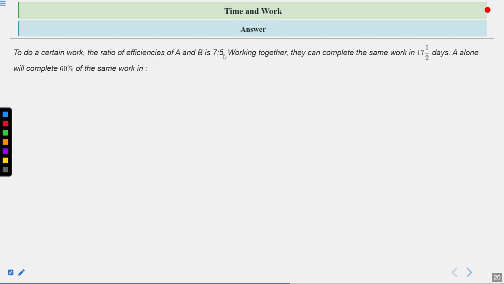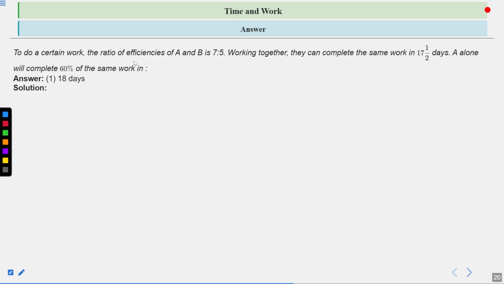So 7 plus 5 becomes 12, and 12 multiplied by 17 and a half days, we get the total work. Now the question says that A alone will complete 60% of the work. So we take the efficiency of A, which is 7, divide the whole work by it and multiply by 60%. So we get our answer. The correct answer of this question is the first one, which is 18 days.